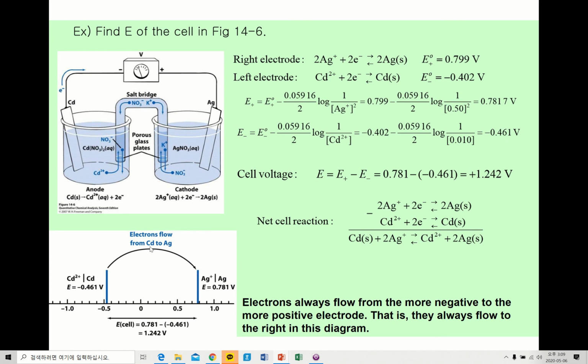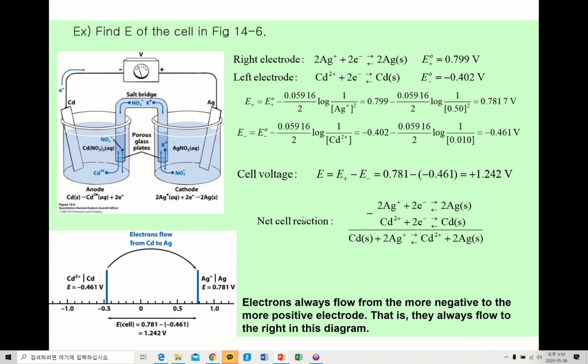Electrons flow from cadmium to silver, or current flows from silver to cadmium. Electrons always flow from the more negative to the more positive electrode. They always flow to the right in this diagram.